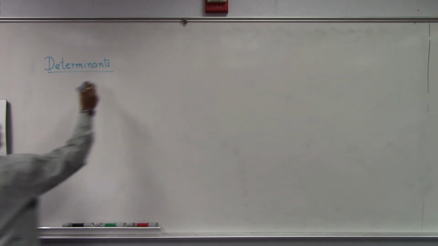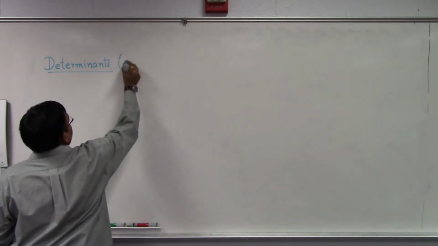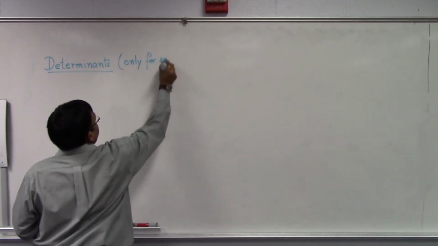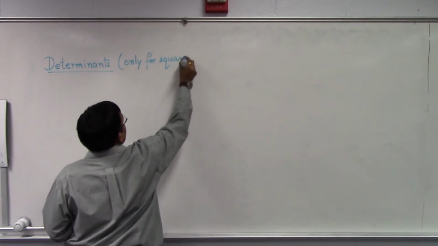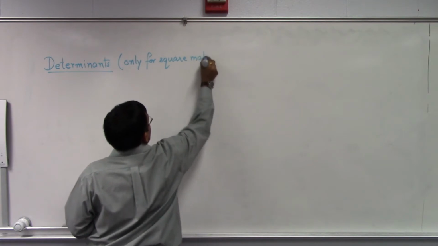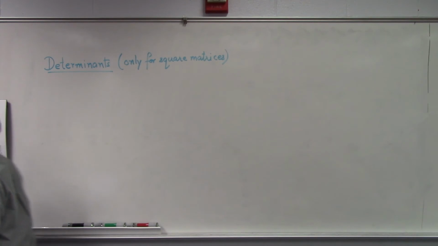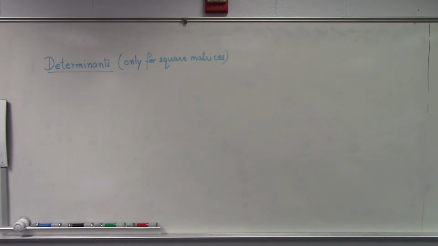However, determinant is only defined for square matrices. So this is a bit of a restriction, but still, it's not that bad. It can give us what we are exactly looking for.